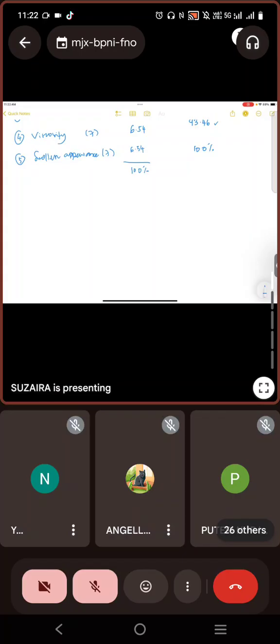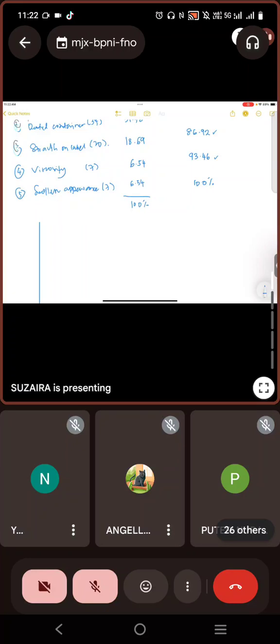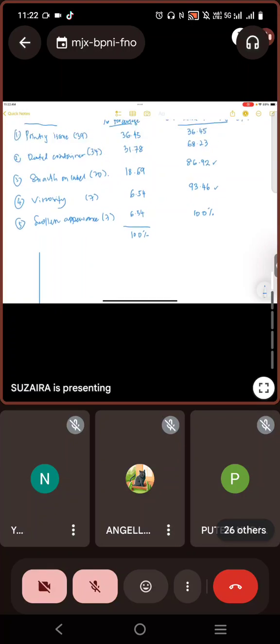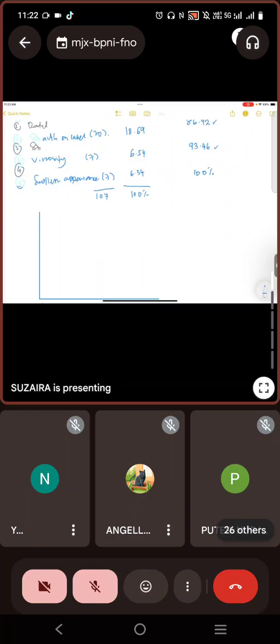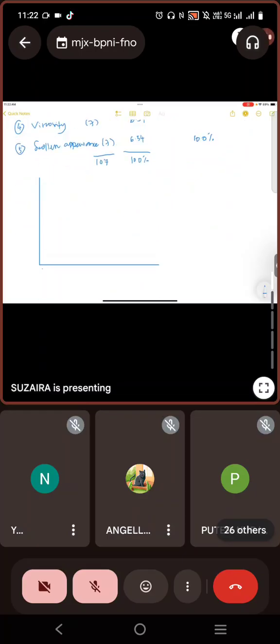Okay, so once we already have this, now we want to develop what we call that? The Pareto diagrams. Okay, so first of all, the total here is, just now we have how much total of the defect? 107, right? So 107, it should be around, for example here, 107. And then probably we have another one.